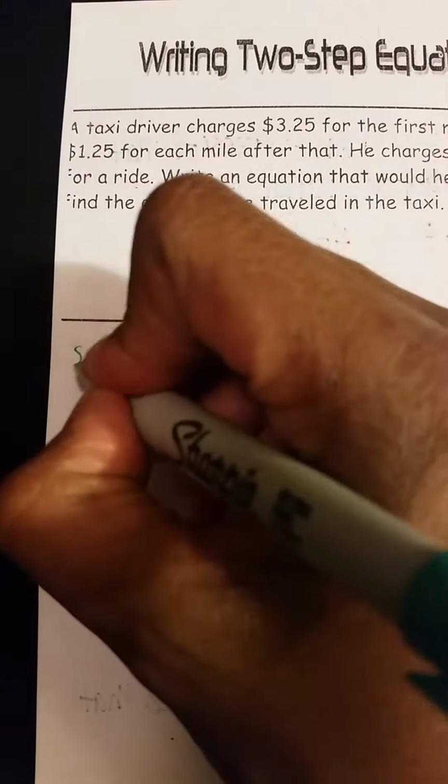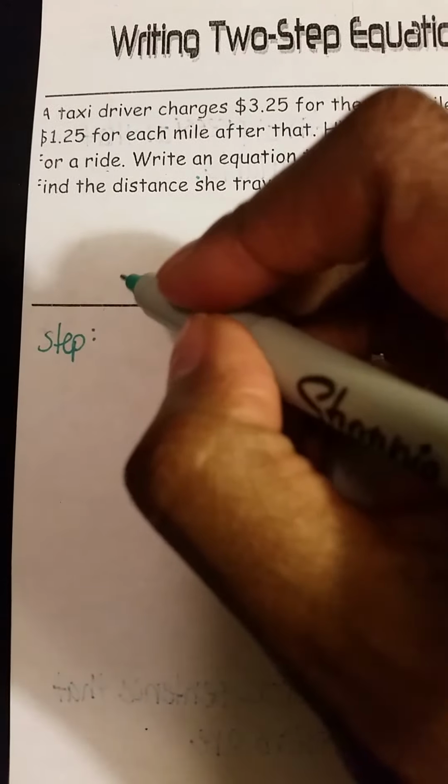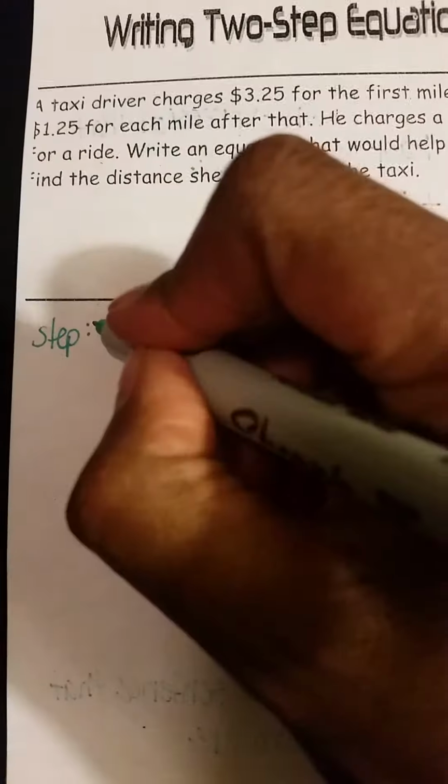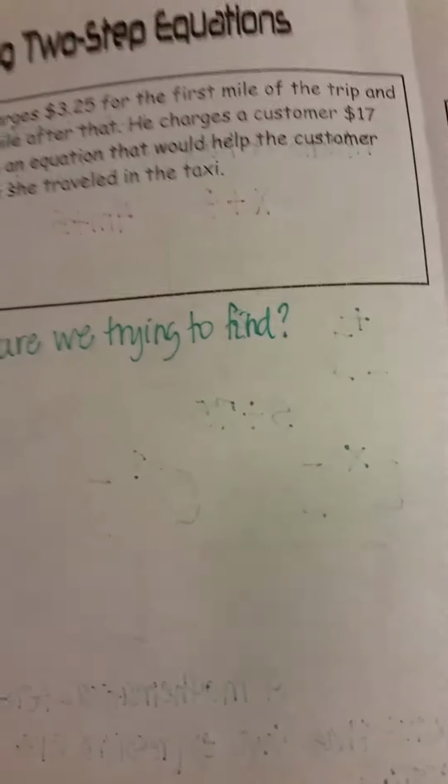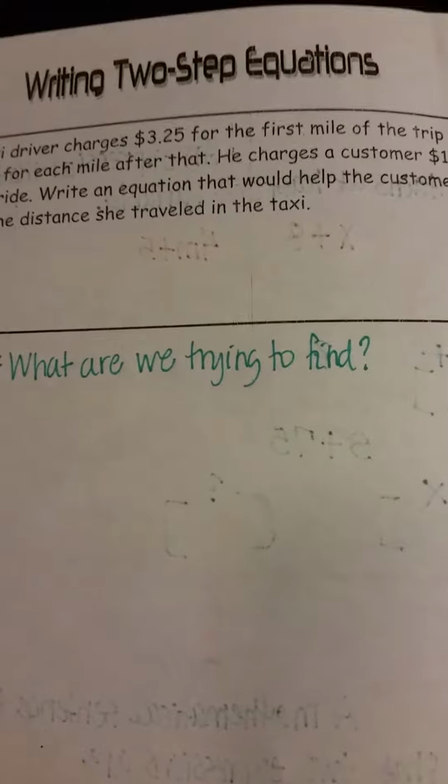Step 1, we're going to ask ourselves, what are we trying to find? That's our question, and that is going to be our variable.